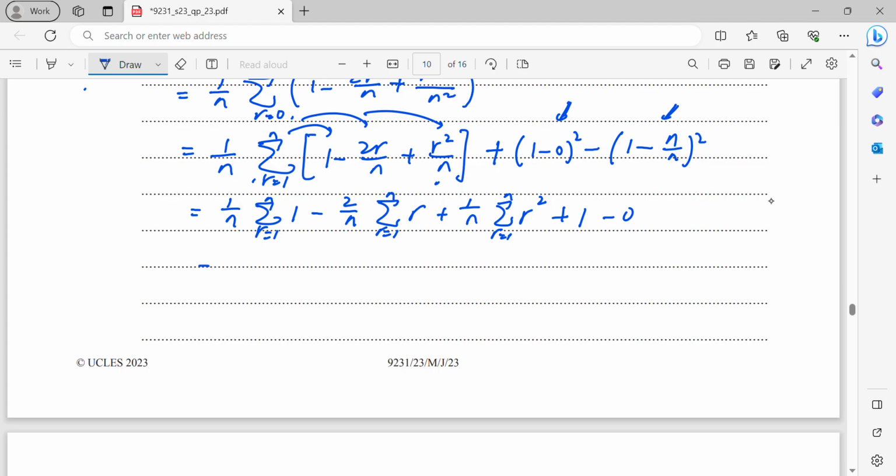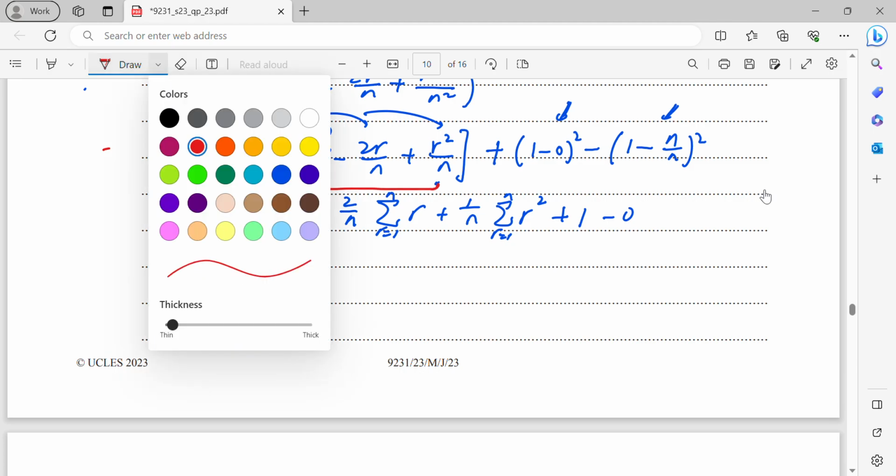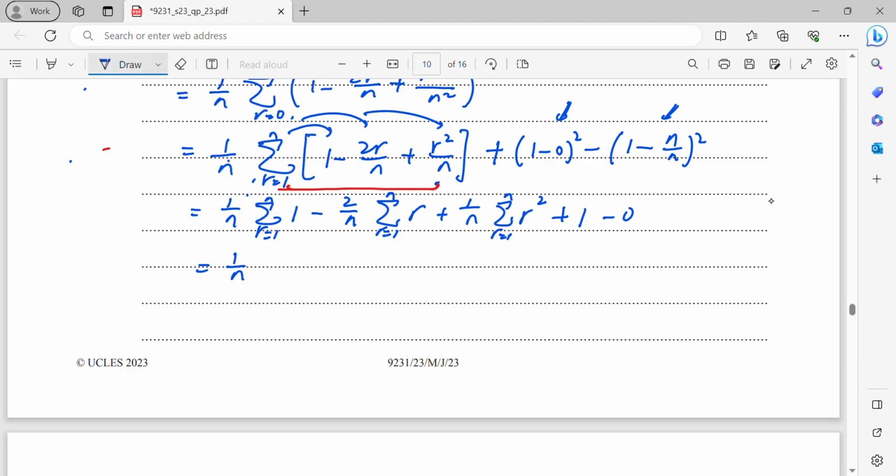Okay, and now I will use the formula list. So remember, this is 1 over N times the whole sum, right? So it means that I should put another bracket. So now you get the sum for the 1 for N terms, because R from 1 to N, that means this is N. Then minus 2 over N. Use the formula summation R. Refer to the formula list.